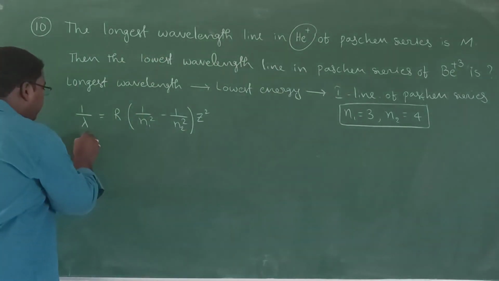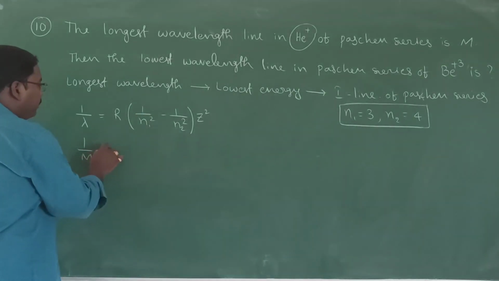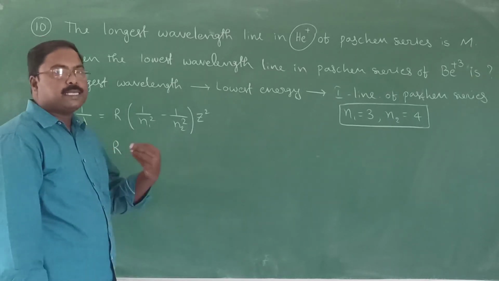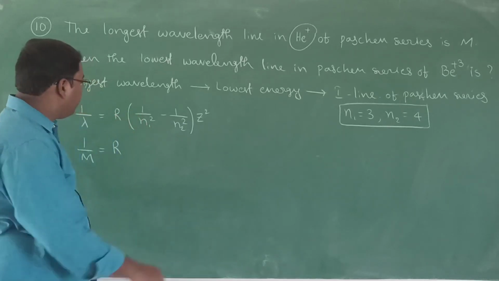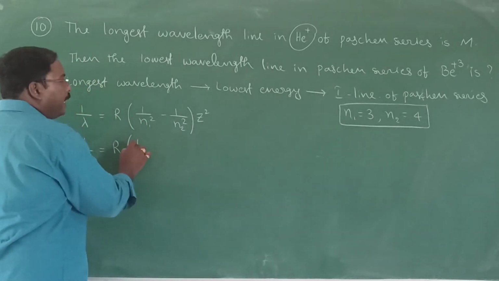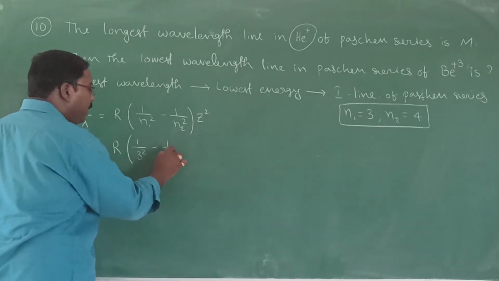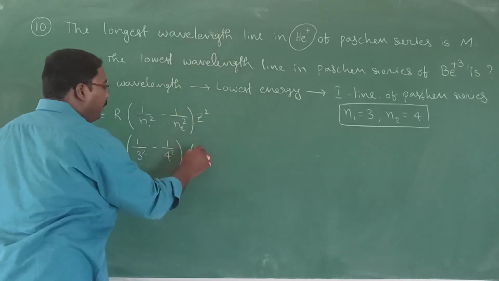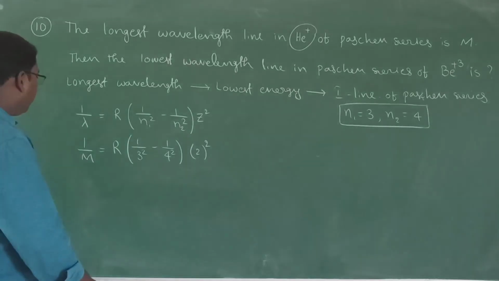Let us substitute everything. Lambda value is given as M. I am not substituting the value because anyway it is a comparison, and the options are also given in terms of R. 1 by 3 square minus 1 by 4 square into the atomic number of helium plus, which is 2, so it is 2 square.